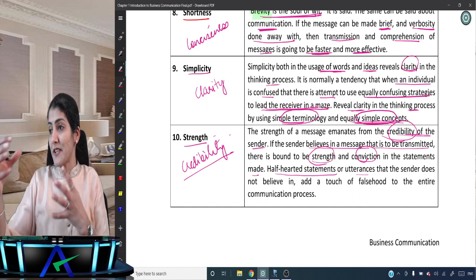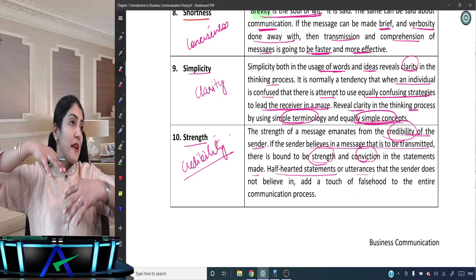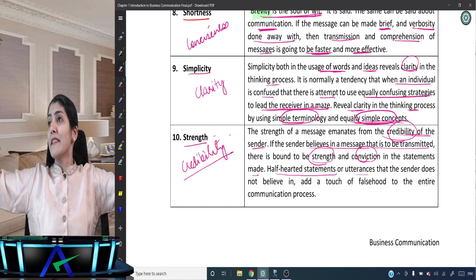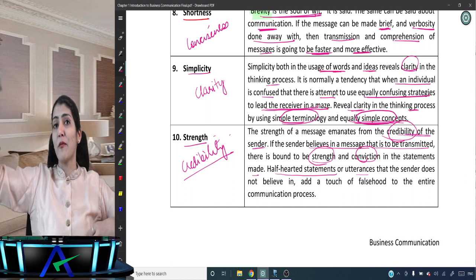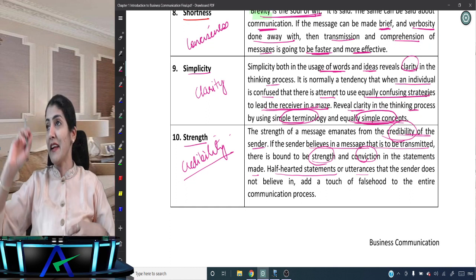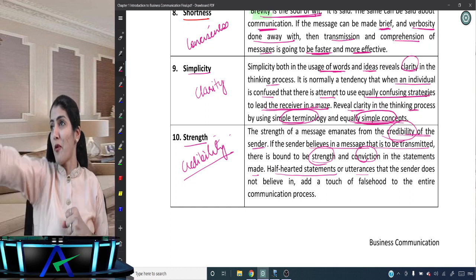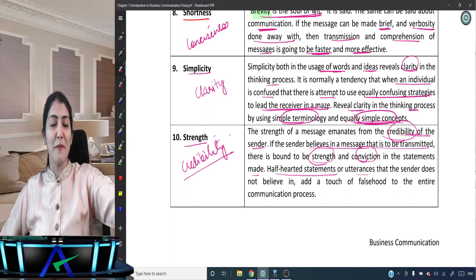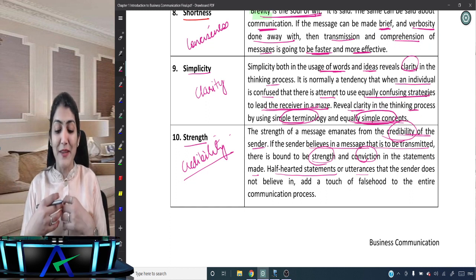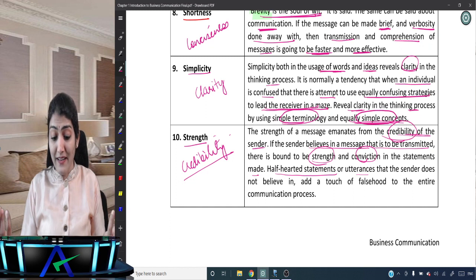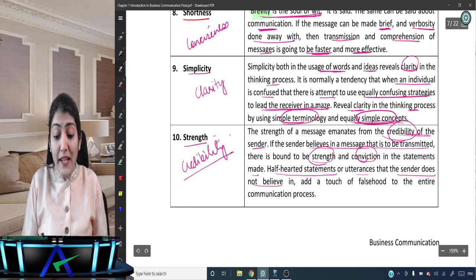They travel from state to state, and big rallies are conducted, with such a big public gathering, and then they say water and electricity, and now probably they could add that the COVID vaccine will be provided to all the people. So the statements could be just half-hearted utterances that the sender does not believe in.